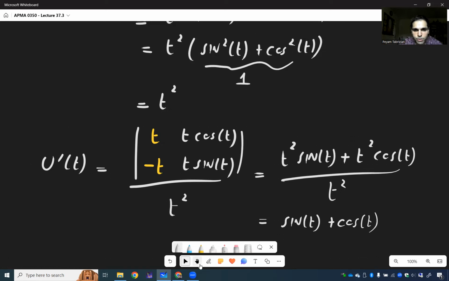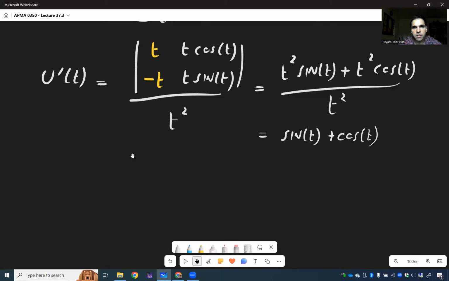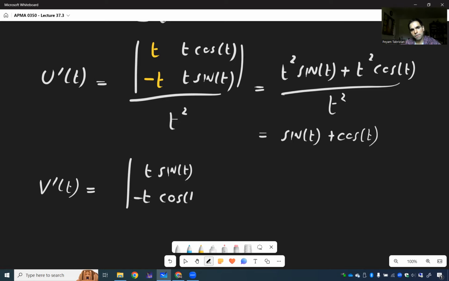And let's do the same spiel with v prime. So v prime of t, that is t sine t, and then t cosine t, minus t cosine t, and then t, -t, over t squared.